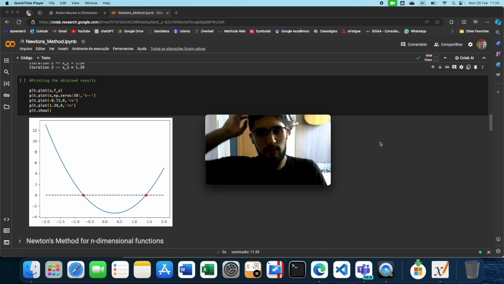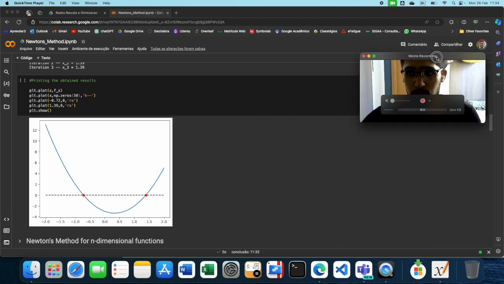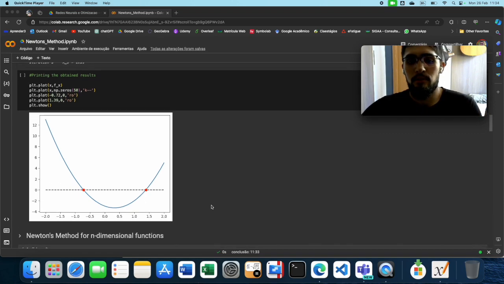A function can have n-dimensional inputs. The x can be a vector, and so on. Things get big, real big. And I want to show you the difference between the one-dimensional Newton's method and the n-dimensional Newton's method.